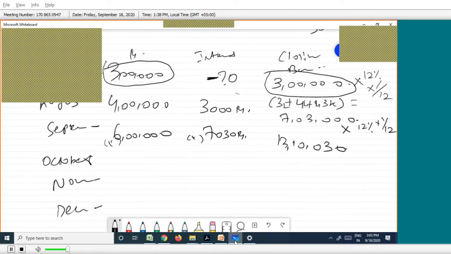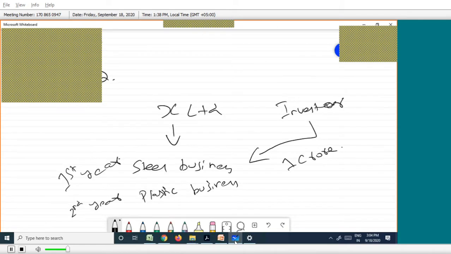Third year, the company also started the oil business. So every year they are starting a new business.